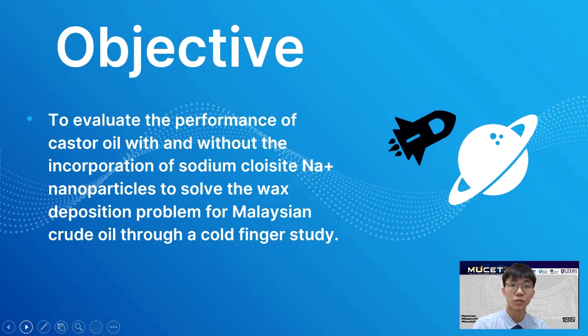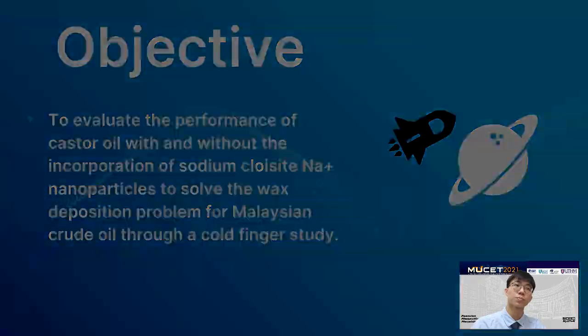So the objective of this study is to evaluate the performance of castor oil with and without the incorporation of sodium chloride nanoparticle to solve the wax deposition problem for Malaysian crude oil through a cold finger study.